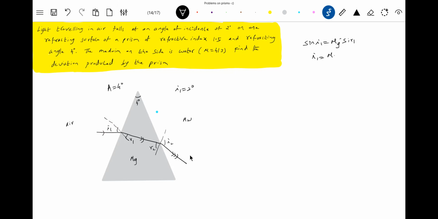So I1 equal to mu g R1. Mu g sine R2 equal to mu w sine I2. For small angle of prisms, mu g R2 equal to mu w I2. So what is the deviation? Deviation will be I1 minus R1.